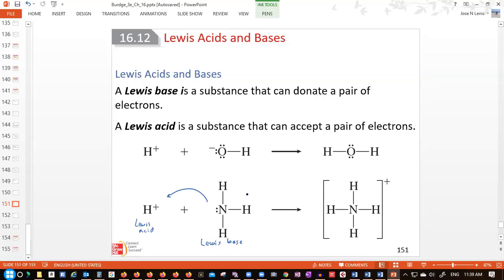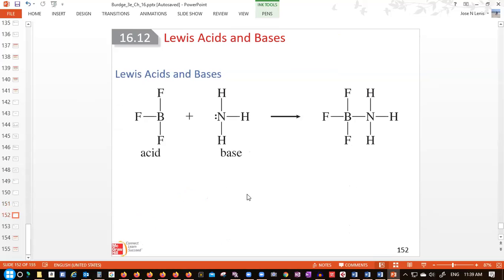In some cases, it's not that obvious, like this case. Look, boron trifluoride and ammonia. This is a stable structure. Do you notice something weird here in this structure?